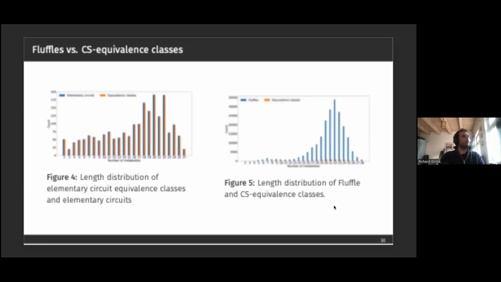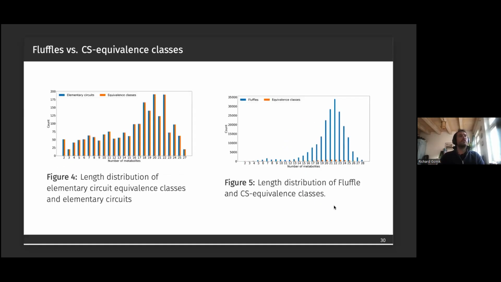Okay, and with this, we could dramatically reduce the computational complexity of the stuff we had to enumerate, though not for the elementary circuits. For the elementary circuits, the number of elementary circuits and the number of equivalence classes were practically identical.